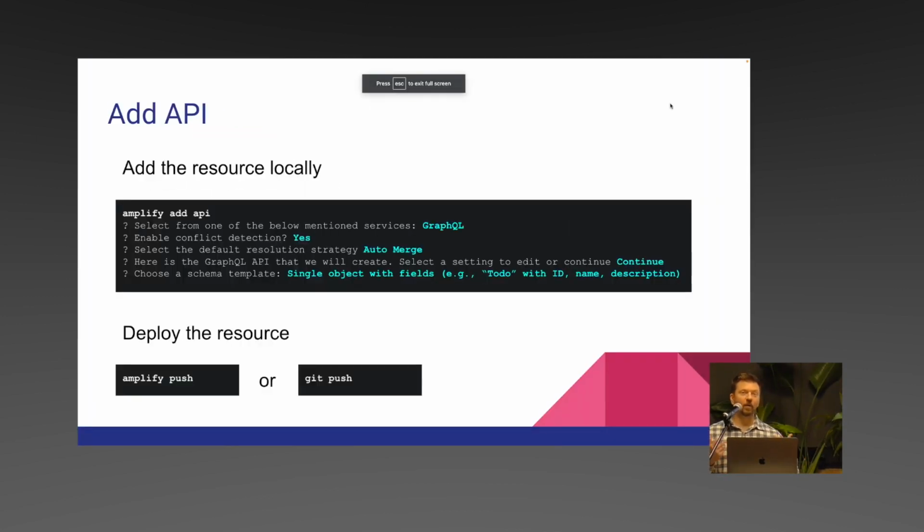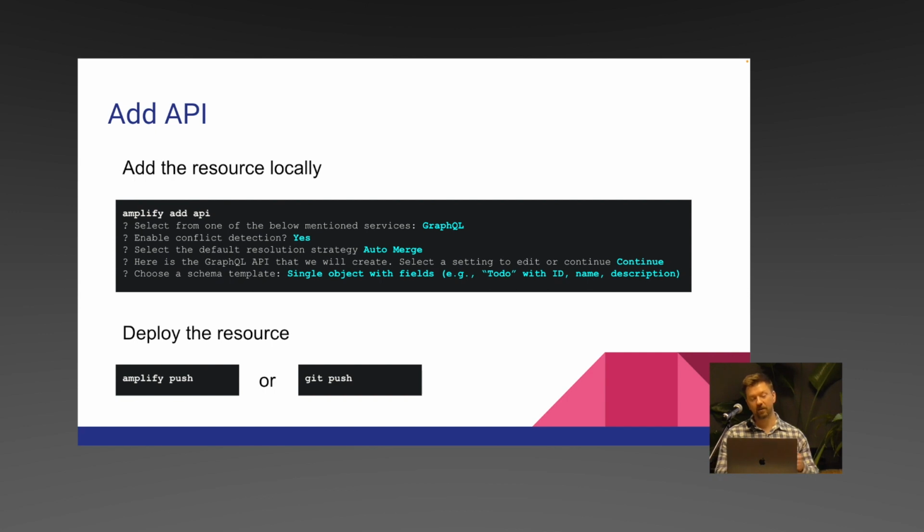Next, to add an API configuration, we will be working with GraphQL for this to-do app. And to add an API, this is an example using the CLI again. We'll be running amplify add api. And here, the command line prompts you with really straightforward questions.